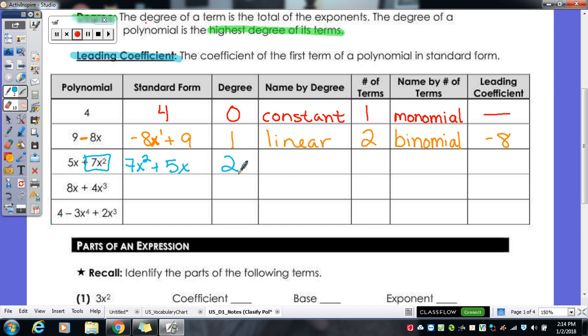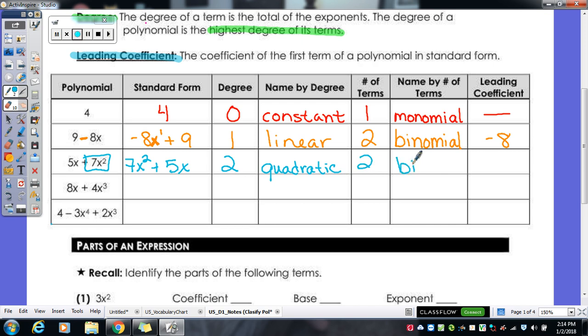This would be a second degree polynomial. We call these quadratics. We've done a little bit with quadratics so far. We've graphed them, stated when they're increasing, decreasing, when they're positive and negative, and domain and range. We've done all that stuff with our quadratics so far.